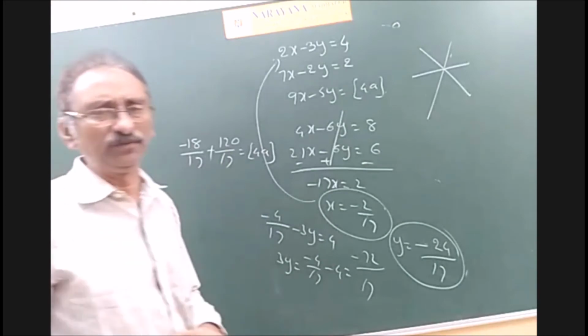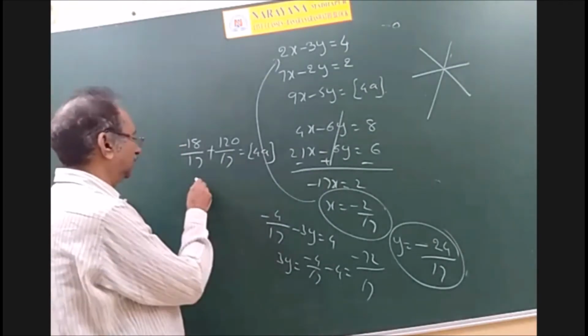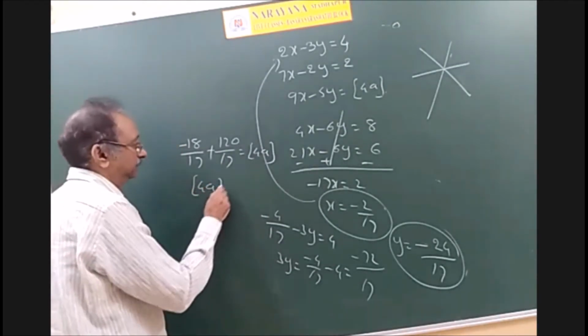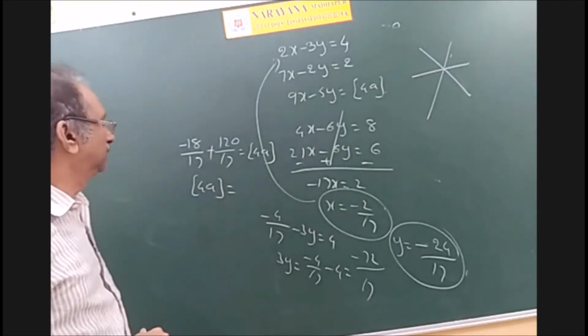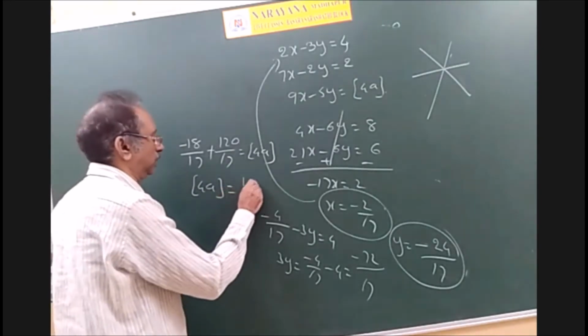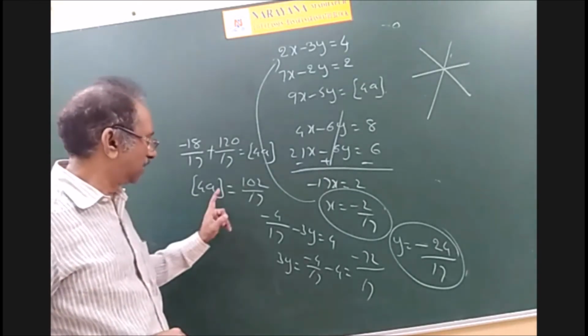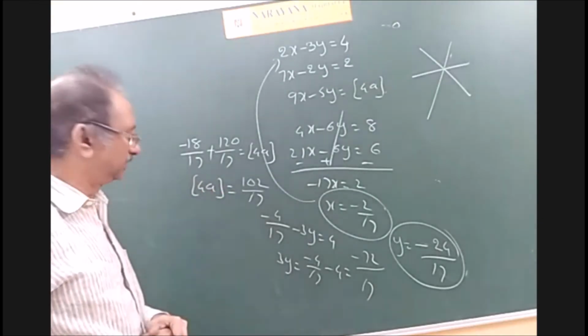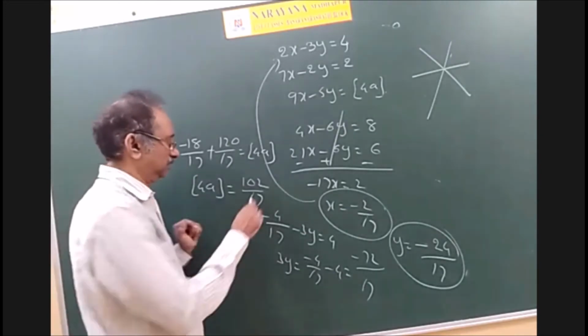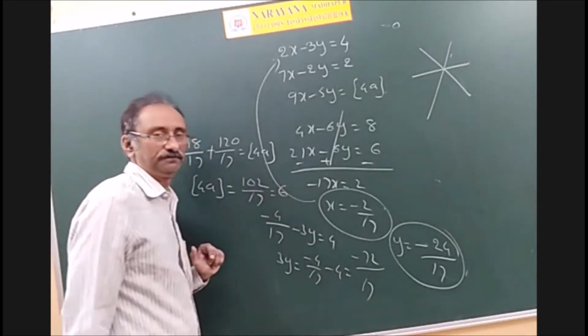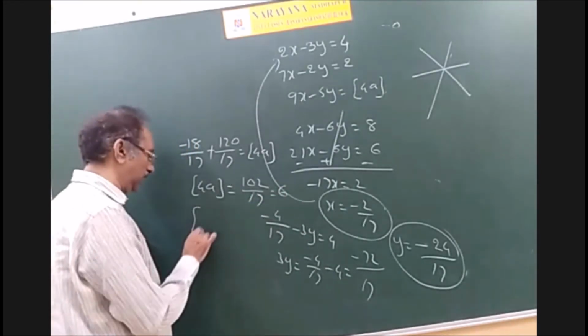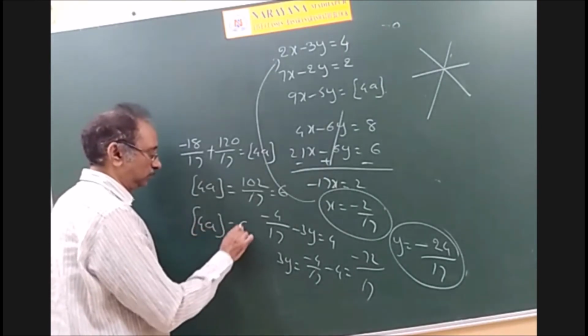So this is the actual procedure. So integral part of 48 is equal to 120 minus 18, that is 102 by 17. See, because it is integral part, it must be an integer. How many times? 6 times? Yes, 6 times. So integral part of 48 is equal to 6.